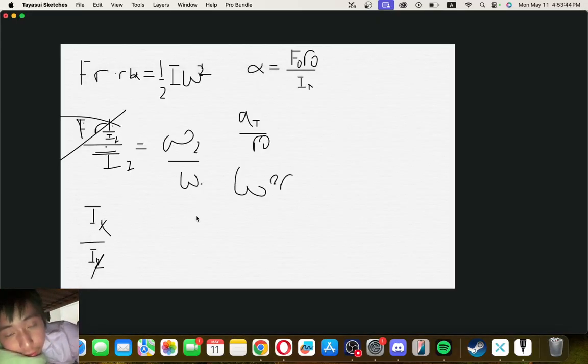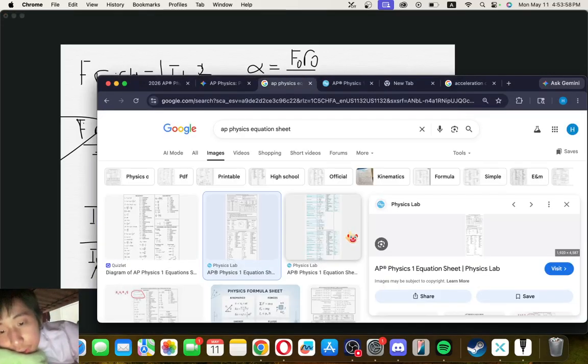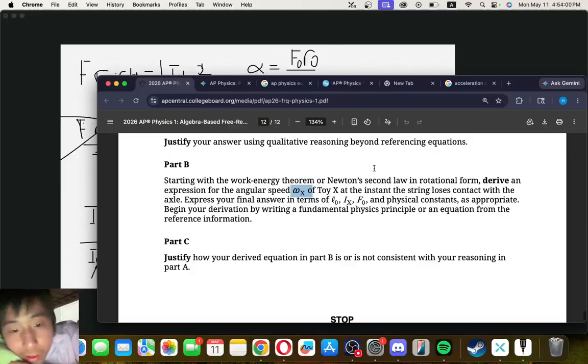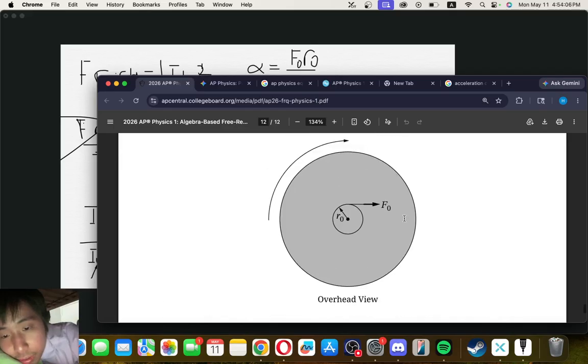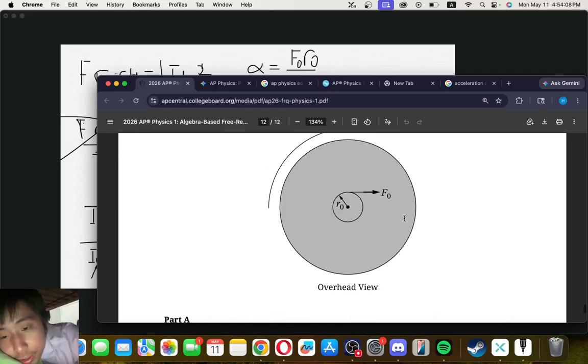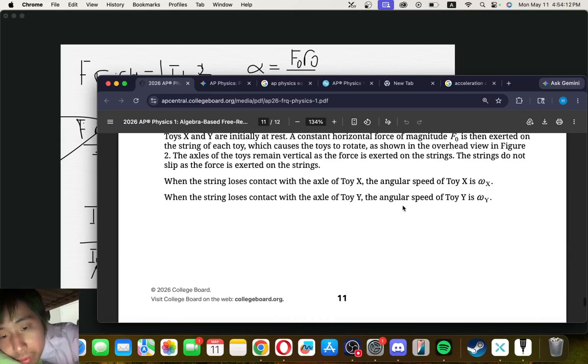So then that would mean that A is equal to omega squared, right? But that still leaves the FR in there, which I'm like, is it constant? I seriously don't know.